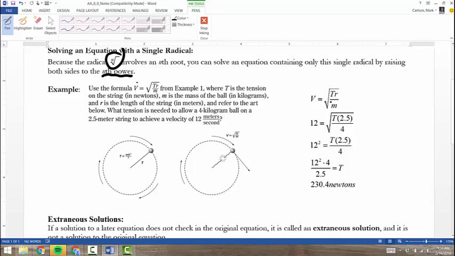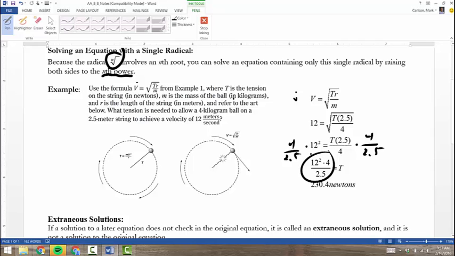Well, this is a fairly straightforward one. To get rid of a square root, the opposite of square root is squaring, just as the opposite of the third root is raising it to the third power, etc. So I'm going to square both sides. I have 12 squared is equal to t times 2.5 over 4. Now I'm going to multiply both sides by 4 over 2.5.